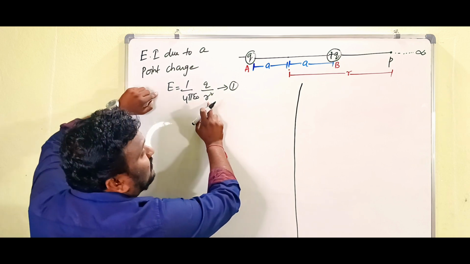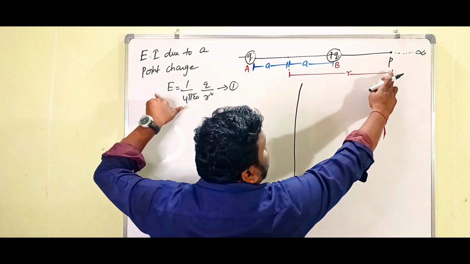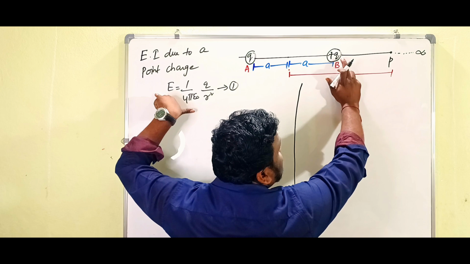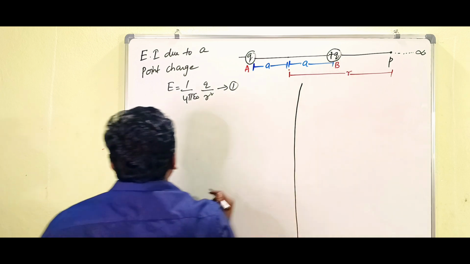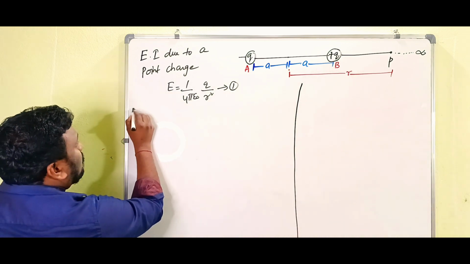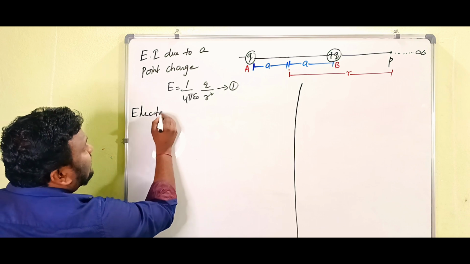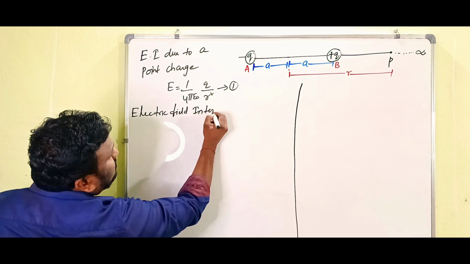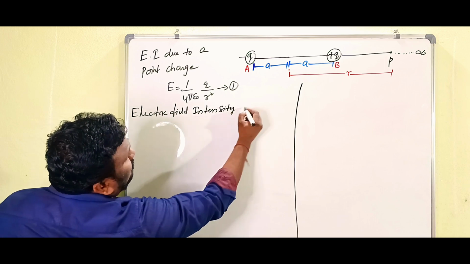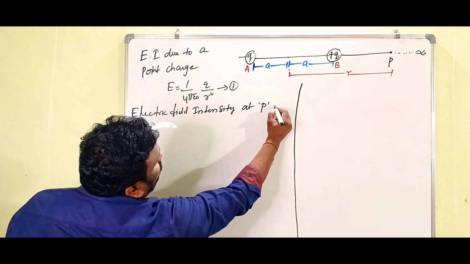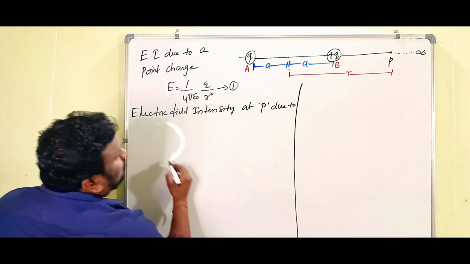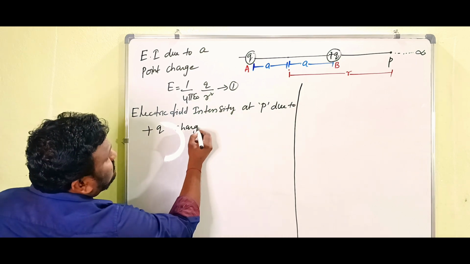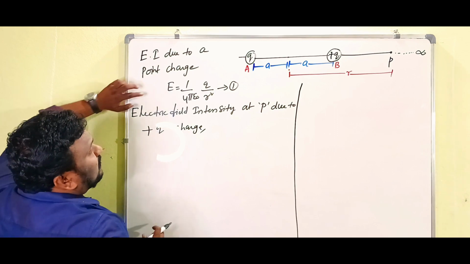In the same manner, at this point P, electric field intensity is there because of plus q. That should be given by the electric field intensity at P due to plus q charge, given by the formula like this.